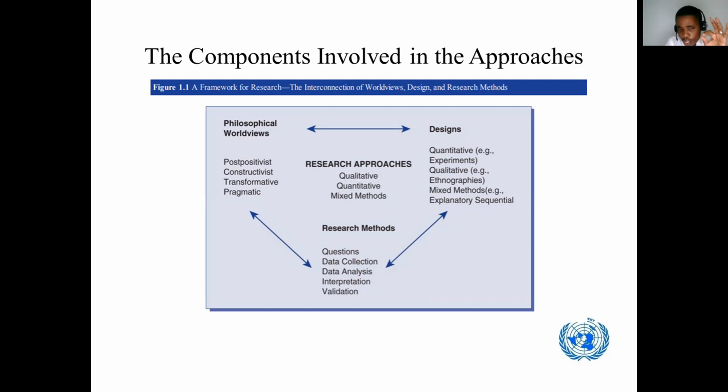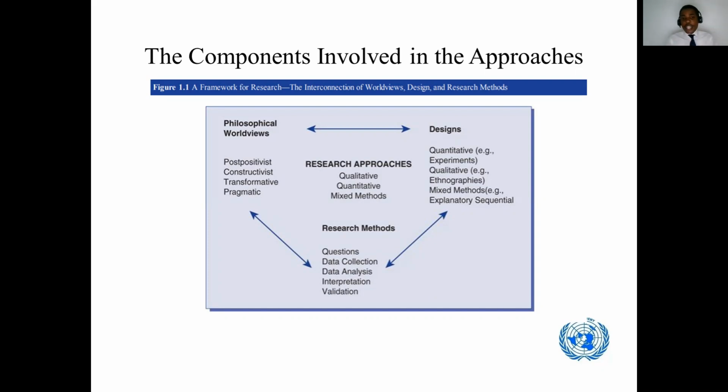This diagram is explaining that, for example, look at the research approaches. I mentioned three research approaches: qualitative, quantitative, and mixed methods, right? These three approaches have their own philosophical worldviews. When we talk about philosophical worldviews, we are talking about post-positivist, constructivist, transformative, and pragmatic.